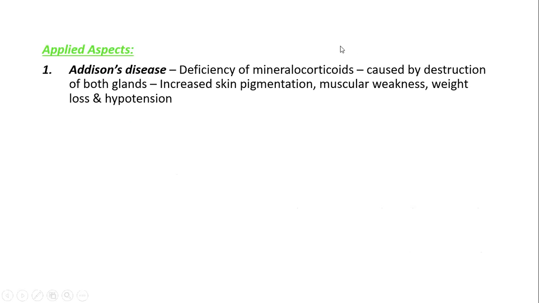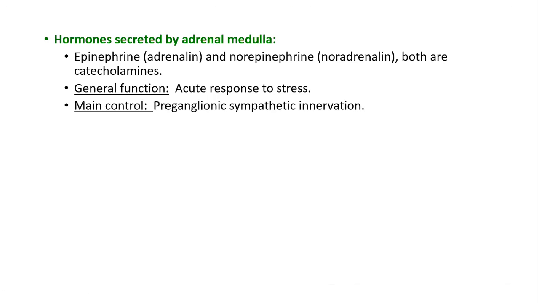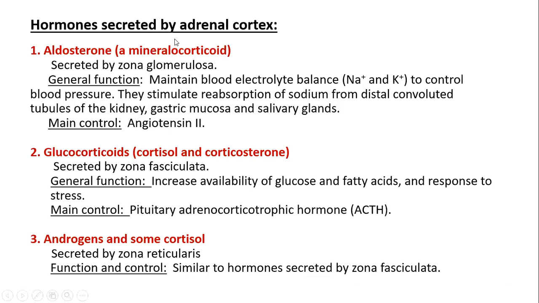Addison's disease is because of the deficiency of the mineralocorticoids. If you remember, the mineralocorticoids are secreted by the zona glomerulosa, which maintains the electrolyte balance.